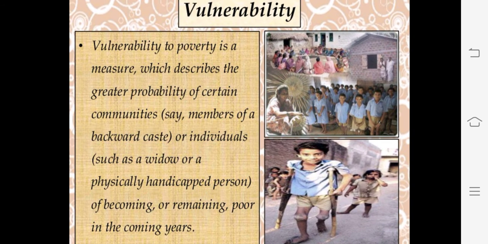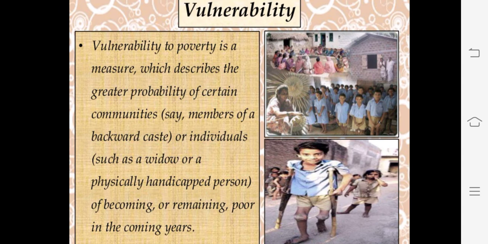Vulnerability to poverty is a measure which describes the greater probability of certain communities, say members of the backward caste, or individuals such as a widow or a physically handicapped person, of becoming or remaining poor in the coming years. We had discussed social exclusion; now we have vulnerability.